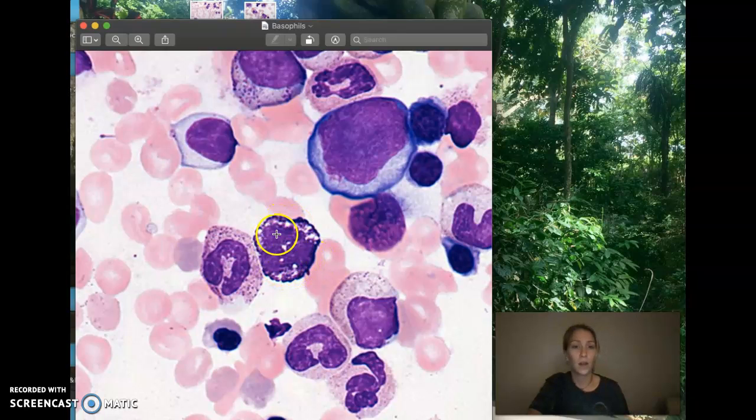The basophils are pictured here. They have really coarse, dark-stained granules in the cytoplasm, and their nucleus tends to be obscured. It's either an S shape or a U shape. This is the basophil here, and the nucleus is generally dark purple.